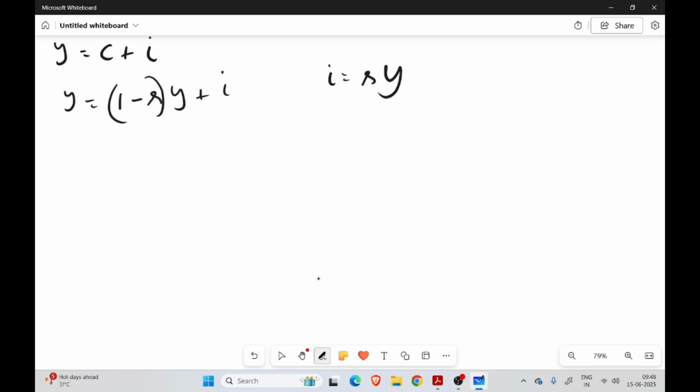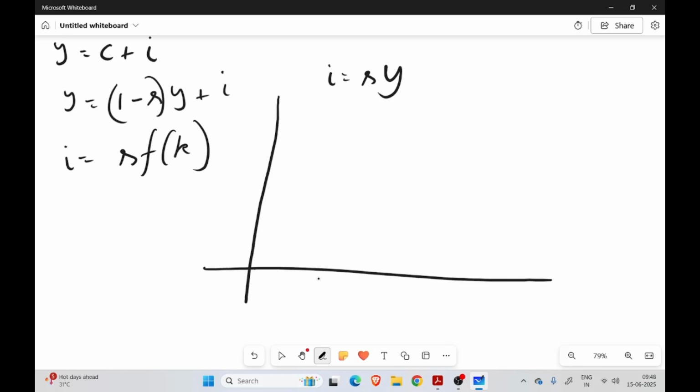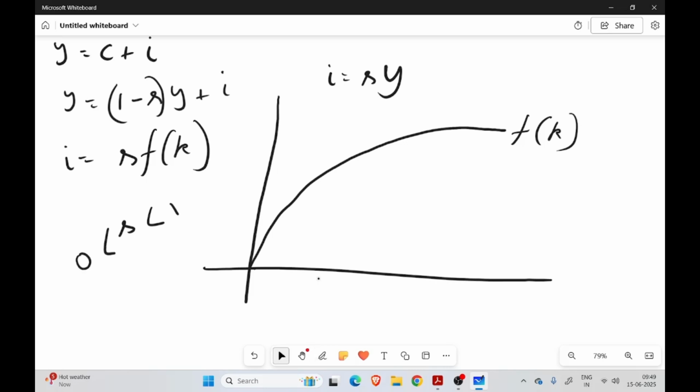Now we substitute Y and put in our f(k) and we get this. So we can draw the line: this would be our f(k), and remember s is a fraction, and always remember s is less than 1 and greater than 0.